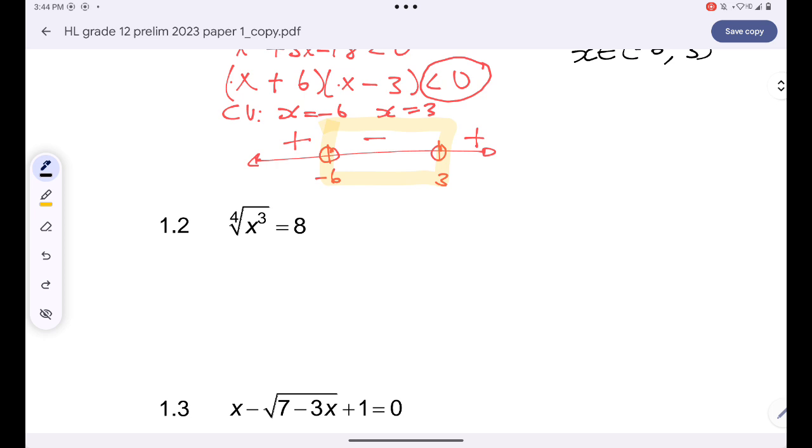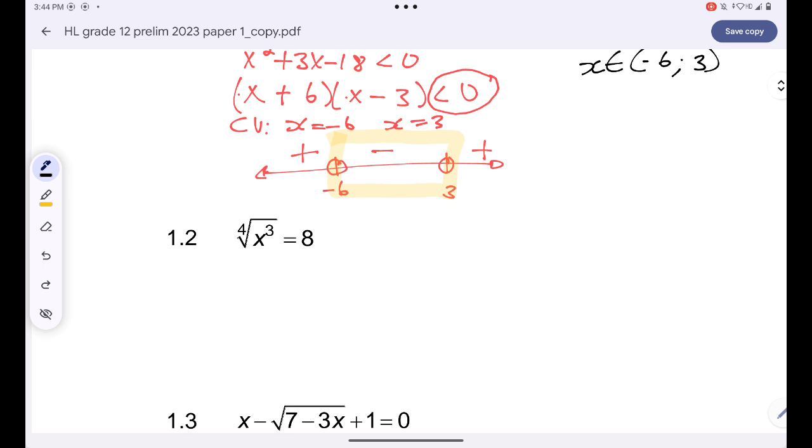Okay, and then now, supposed to solve x. What do we have? We have an equation over here. There are many ways to kill a cat. Remember that we have the square root of x to the power b. This can be written as x to the power b all over a.